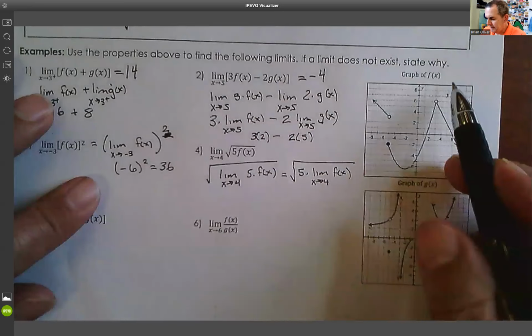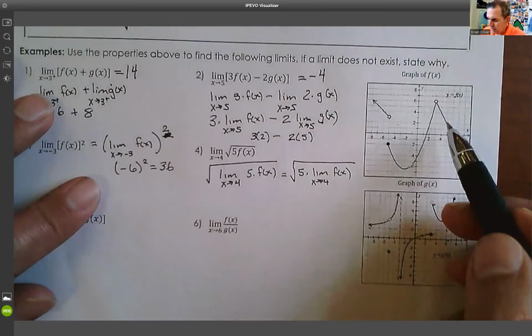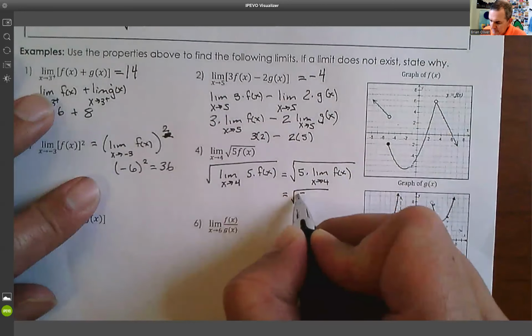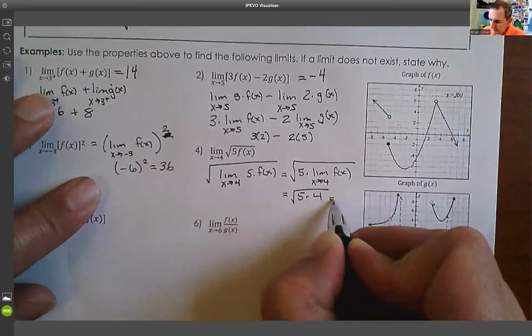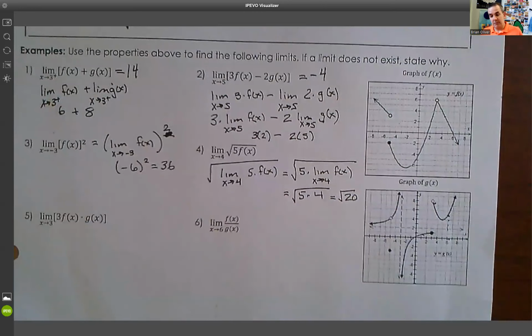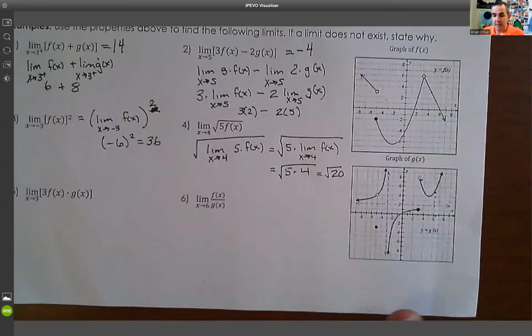I'll look at my f of x function as x approaches 4. This approaches 4. So this becomes the square root of 5 times 4. Square root of 5 times 4 is 20. So it's square root of 20. And like I said, we're just going to leave it alone. We're not going to simplify it. We're not going to make that 2 root 5. We're not going to make it a decimal. It's the square root of 20.